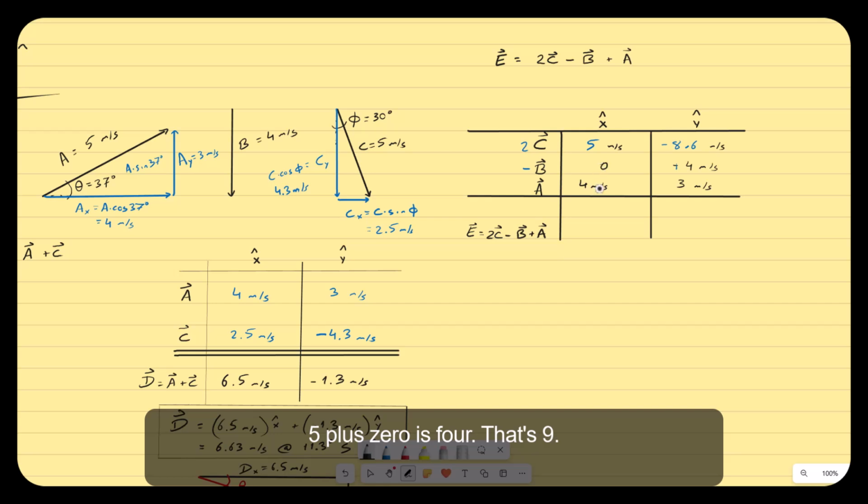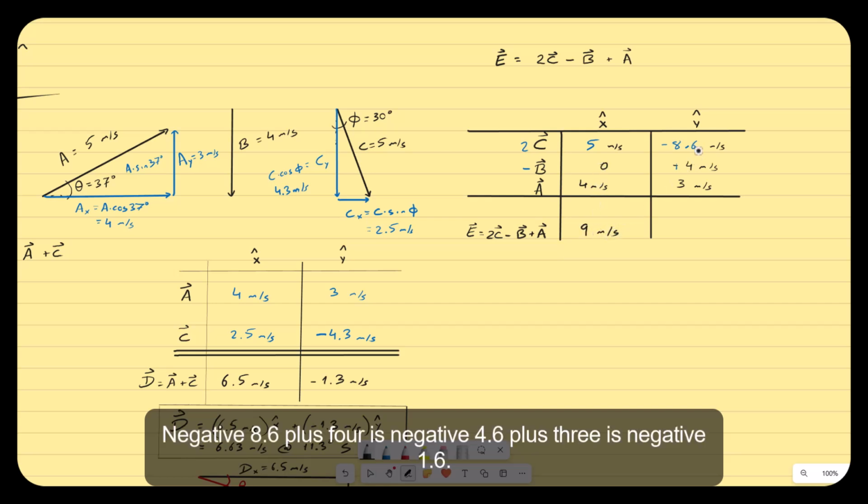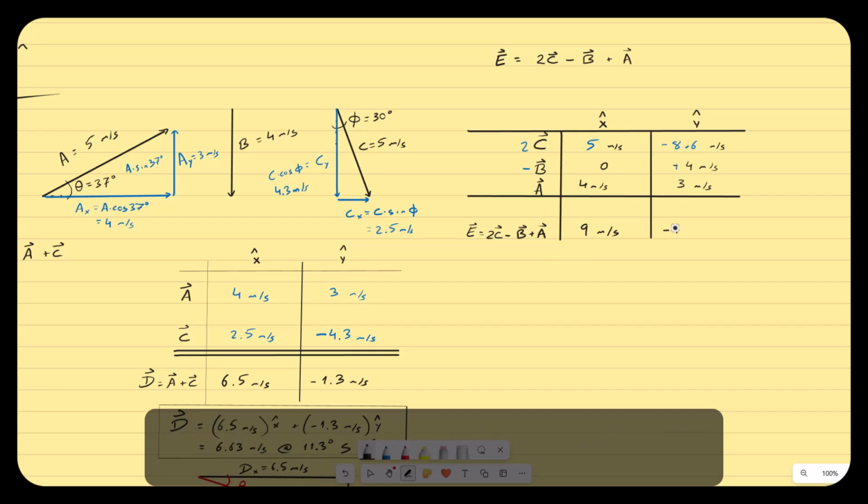5 plus 0 plus 4, that's 9. Negative 8.6 plus 4 is negative 4.6, plus 3 is negative 1.6.